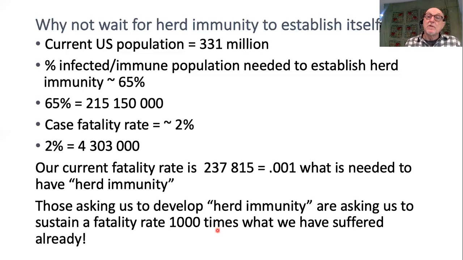And when people talk to you now about herd immunity and what a great idea it is that everybody gets infected, so we establish herd immunity, just realize in human populations, we almost never establish herd immunity through natural diseases. It just doesn't happen.